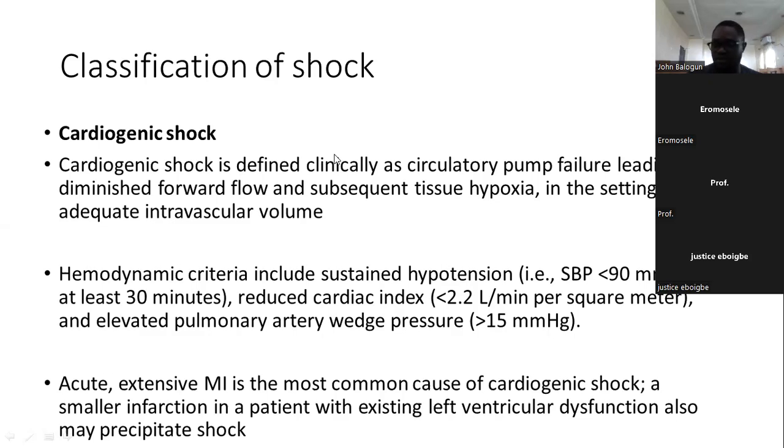Or they may also ask what possible cause would have led to this. The commonest cause of cardiogenic shock is myocardial infarction. So you may see options like peptic ulcer disease, cholecystitis, gastritis, and myocardial infarction. You might be thinking peptic ulcer disease because the question also tells you the patient had heartburn.